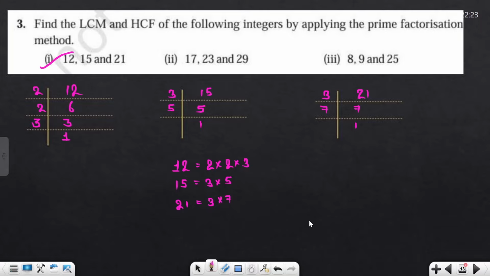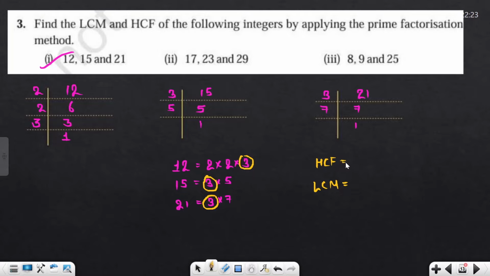When you observe, 3 is common in all. Any other number common in all? No. So we solve HCF and LCM easily.